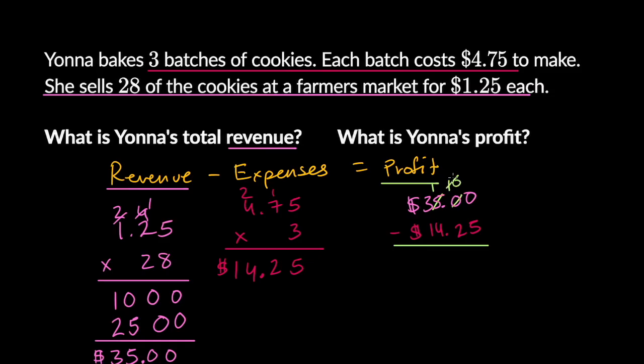And if I were to take one of those tenths, that's equal to 10 hundredths. 10 hundredths minus 5 hundredths is 5 hundredths. 9 tenths minus 2 tenths is 7 tenths. And then I had $4 minus $4 is 0. And then 30 minus 10 is 20. So there you have it. We have a profit of $20.75.